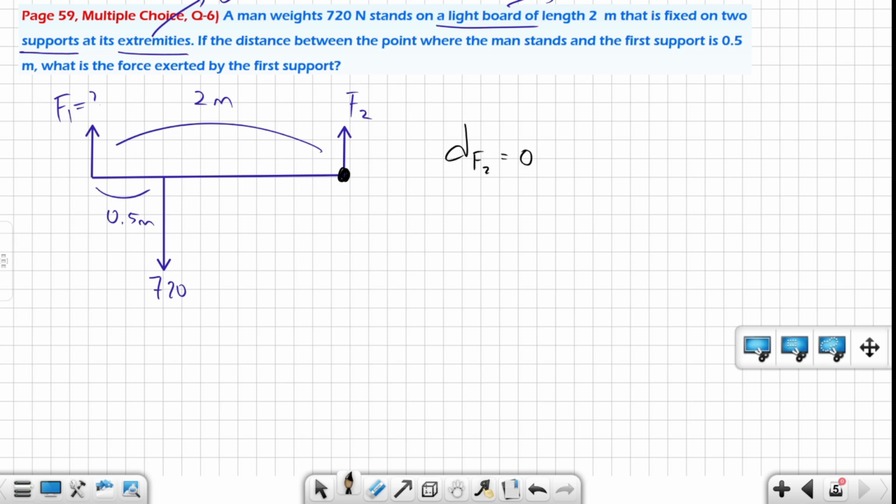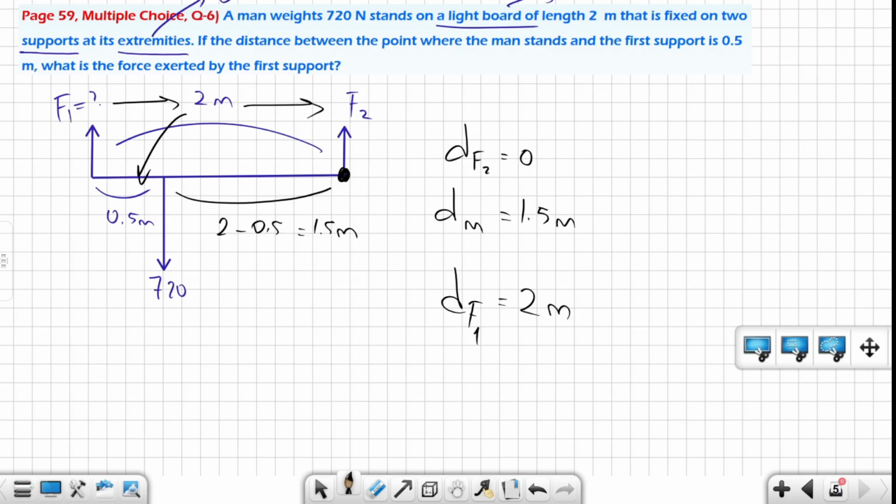Always start with the point where you choose the axis. And distance of the man from the axis of rotation is 2 minus 0.5, which is equal to 1.5 meters. The distance of F1 from the axis of rotation will be equal to 2 meters.